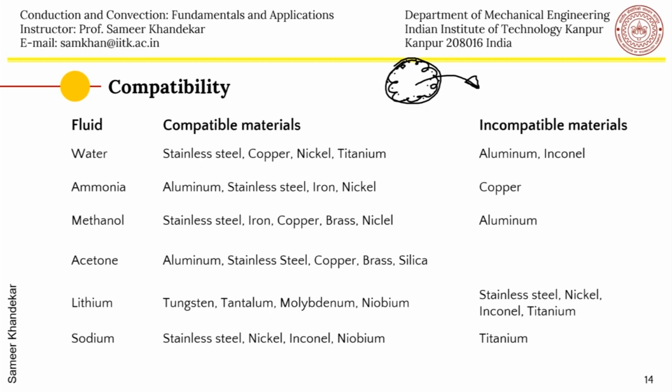So if you are using water, then one can use stainless steel or copper, nickel, titanium. But if you use aluminum with water, then the aluminum will react, it will oxidize, and it will form aluminum oxides, and hydrogen gas will be generated inside this heat pipe.